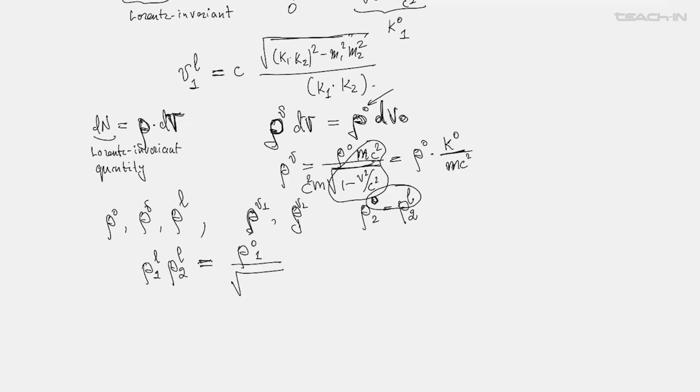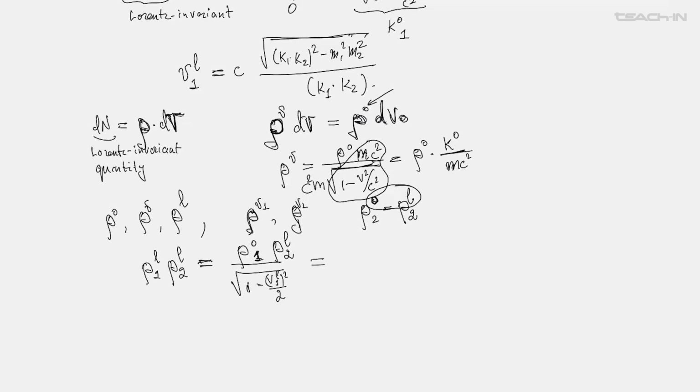This would be rho 1 laboratory, where rho 01 is the density of the first particles at rest divided by the relativistic prefactor, taking into account the fact that in the laboratory frame, particles from the first beam have velocity v1 laboratory, and multiply by rho 2 laboratory. This then can be written in the following way.